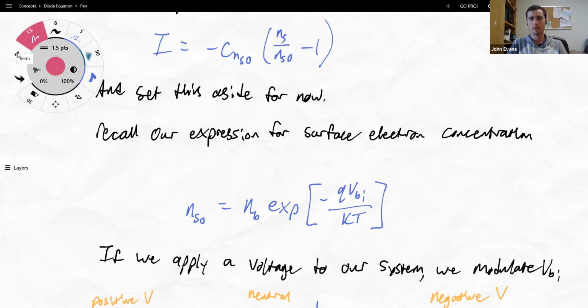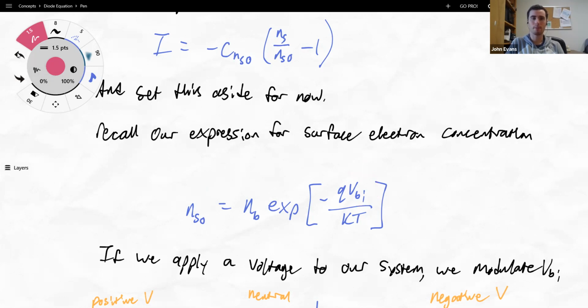So what's interesting about this expression here is we now have a voltage to play with. And kind of at the beginning, I alluded to the fact that we wanted to see the current-voltage behavior of these systems. And we notice here that we have a way to relate the current to n sub s. And we also have a way to relate the voltage to n sub s.